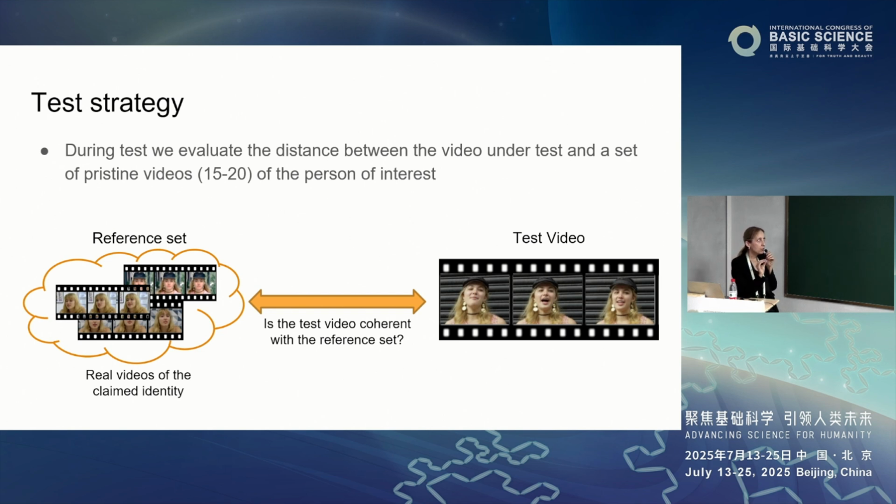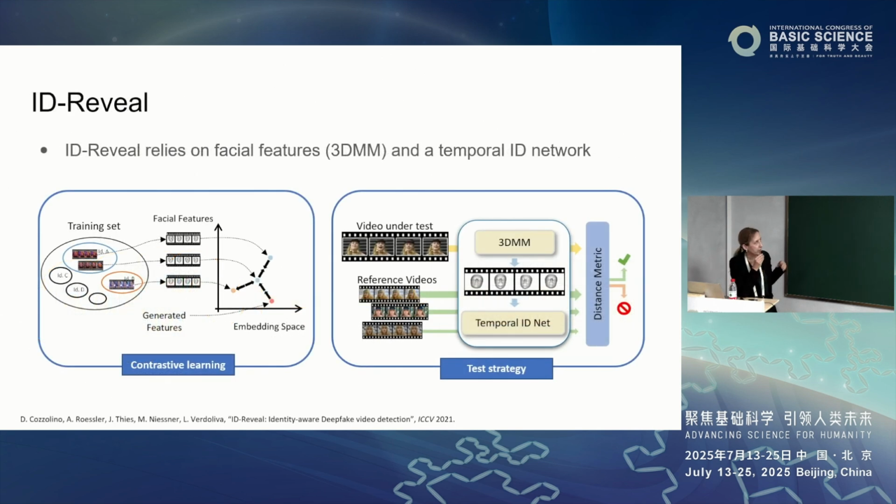What is good about this method is that you do not need any type of fake videos. You just need a reference of pristine videos. And this is our method ID reveal, where we extracted these 3D morphable features, facial features. We also came up with a temporal ID network, and again with a contrastive learning strategy.